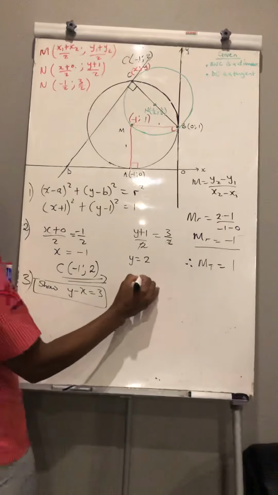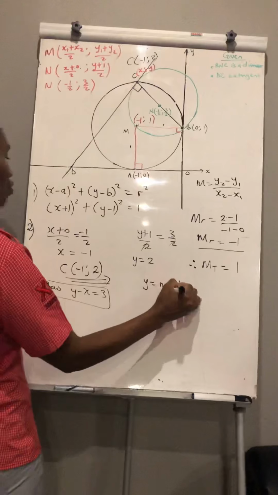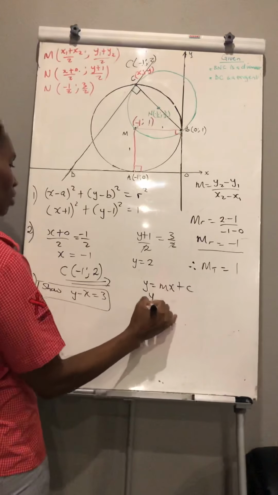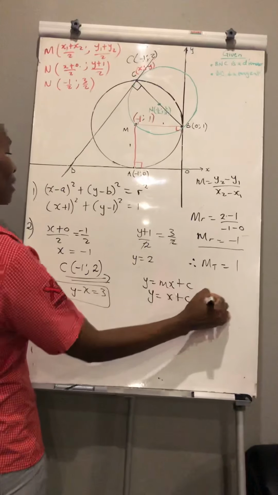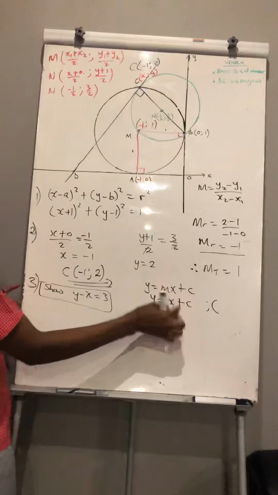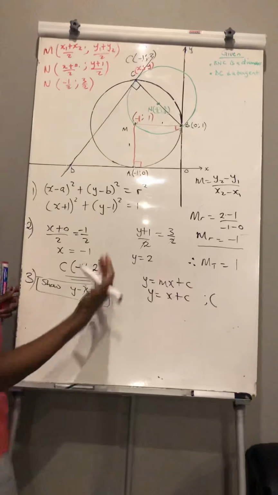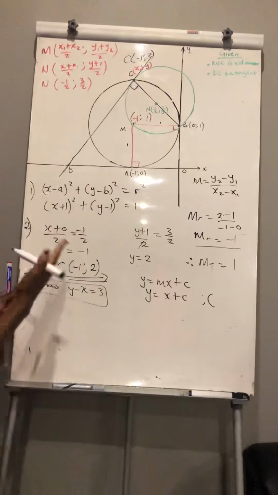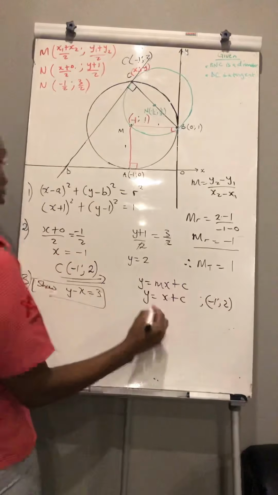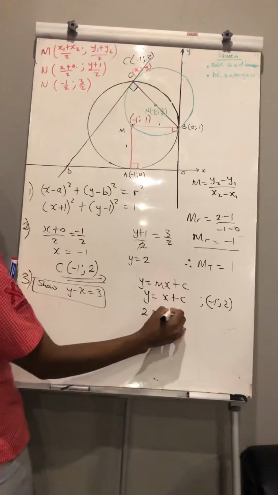From what we know, if we want to determine the equation of a straight line, this is where we go. Our gradient is already 1, so it is some x plus c. We just have to substitute one coordinate here, and then we should be sorted. One coordinate which is on this tangent, and we already have minus 1 and 2, so it's not an issue at all.